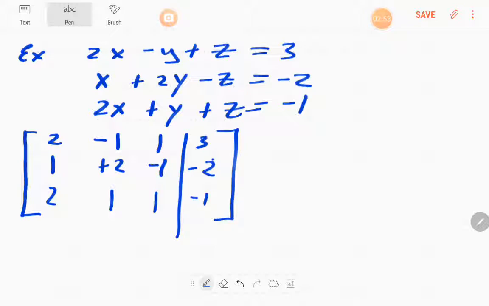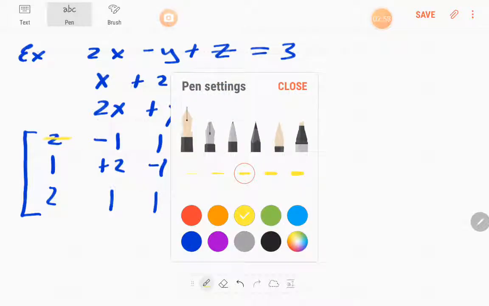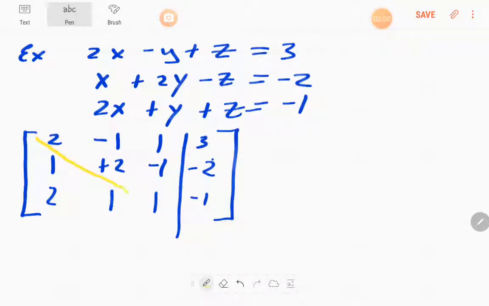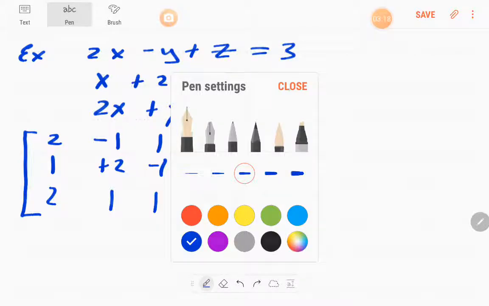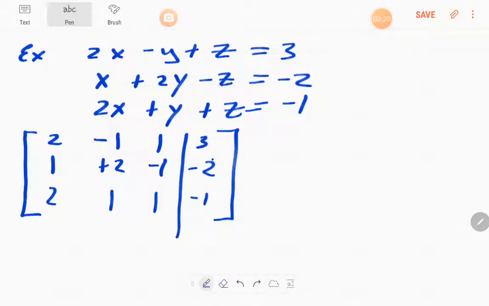Okay, so now we want to have this diagonal, but everything below the diagonal we want to become 0. All these numbers here, I want to become 0. So first thing that I'm going to do is, it's always better to have 1 in the pivot point.